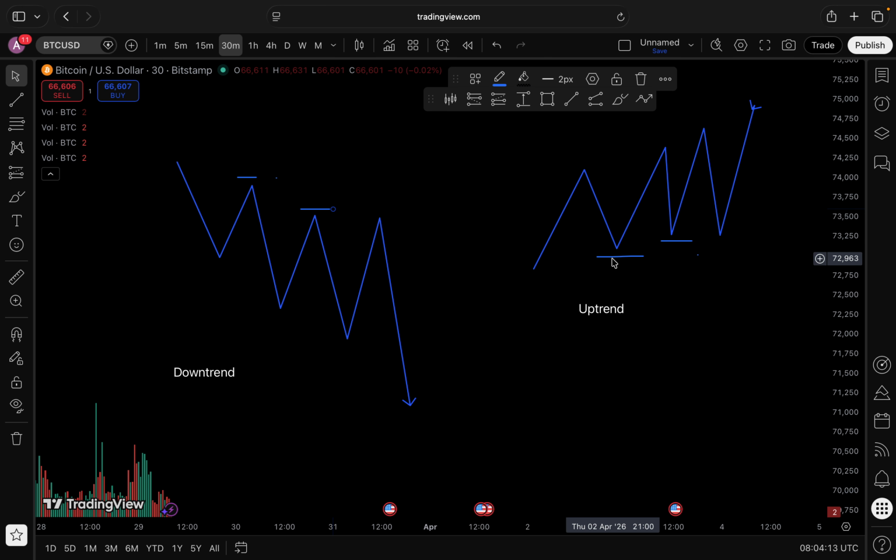Always below a previous higher low. And the reason is because the market follows its structure: higher high, higher low, higher high, higher low. The moment this structure gets broke, that's the sign that price wants to reverse and switch into a downtrend.